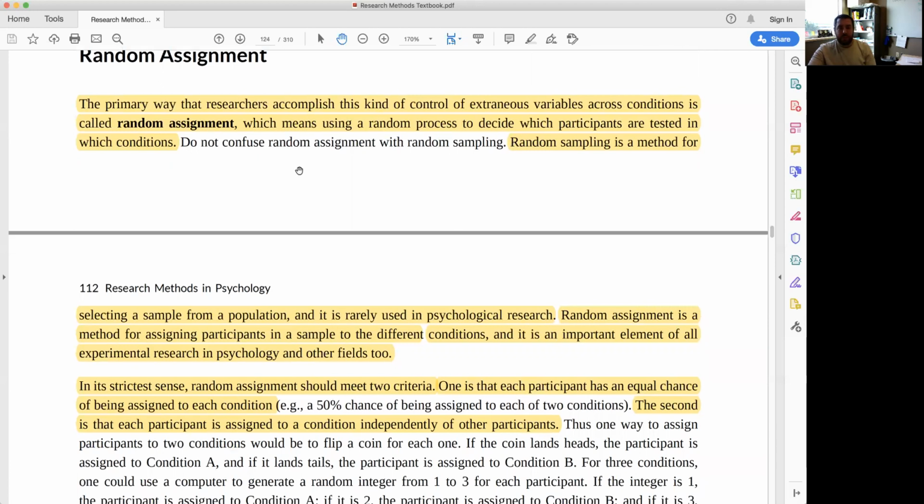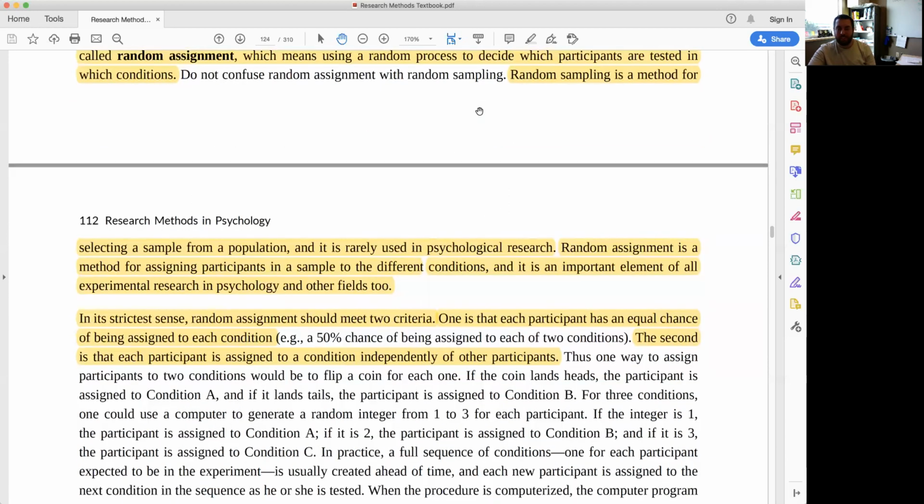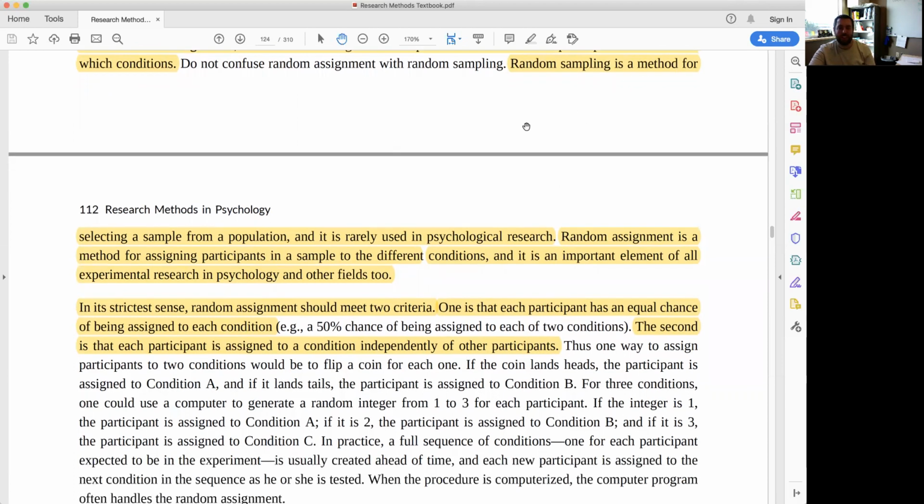Also, people will confuse random assignment with random sampling. I actually made this slip up a little bit earlier. So conceptually, I got the difference down. Word choice, not so much. But random sampling is where you select a sample from a population. And as the text highlights, it's rarely used in psychological research. The reason is that we rely predominantly on something called convenience sampling.